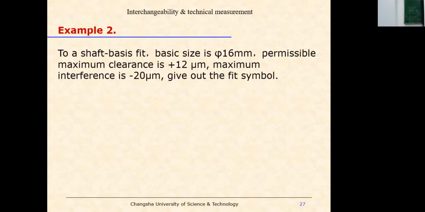So how to do the calculation here? The equation, how to calculate it from the hole.